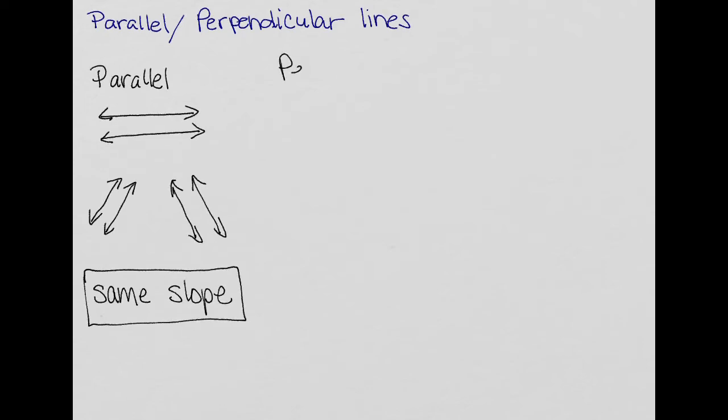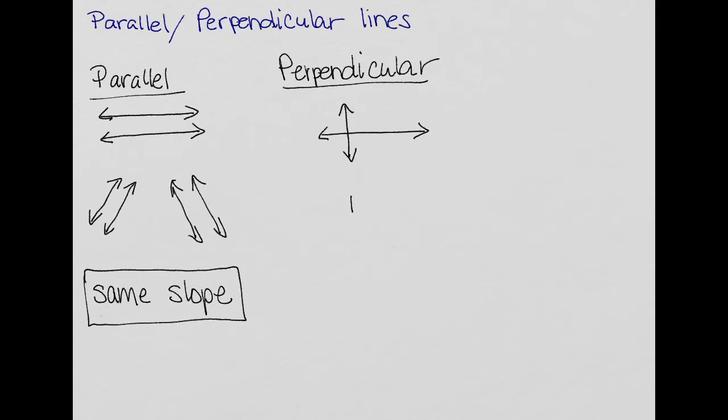Perpendicular lines do intersect. They intersect at a 90-degree angle. So if I have this line and then a line that intersects it, it might look like this. And what we know about their slopes is their slopes are negative reciprocals.